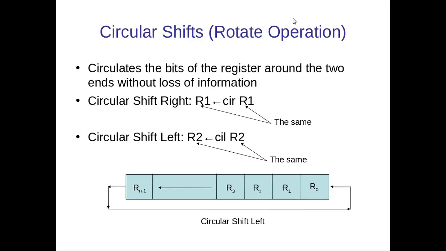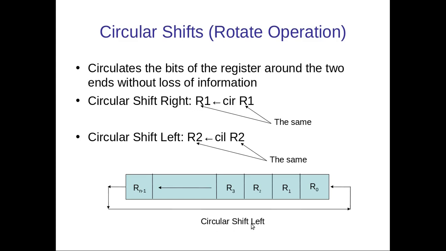The circular shift or rotate operation circulates the bits of the register around the two ends without loss of information. Circular shift right is R1 gets CIR R1. Circular shift left is R2 gets CIL R2. This is the register transfer logic notation.